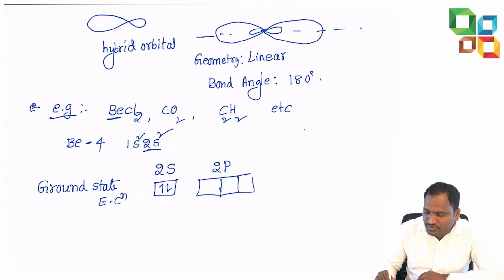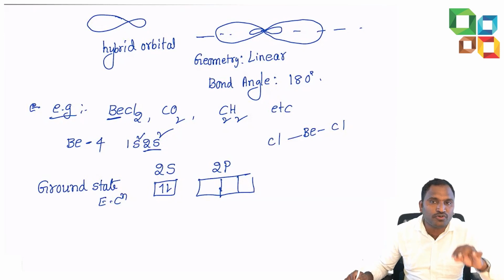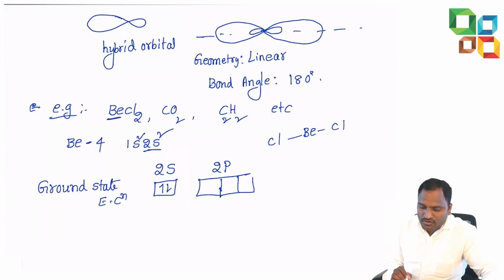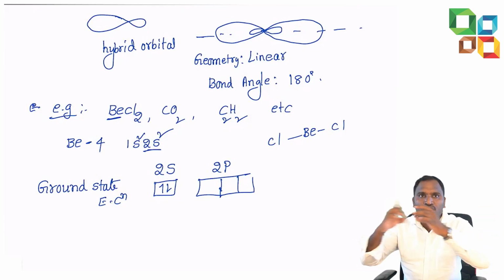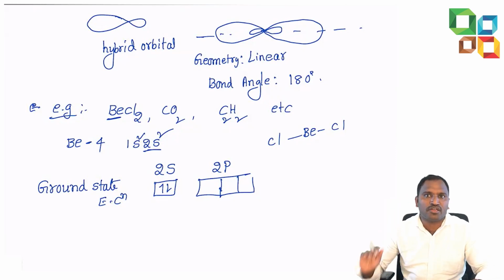Now, beryllium is combining with how many chlorines, students? Beryllium is combining with two chlorines, which means it has to form two bonds. For that, it has to create two hybrid orbitals. Now, electrons are present only in s. For overlapping, it needs orbitals with unpaired electrons, not paired electrons.